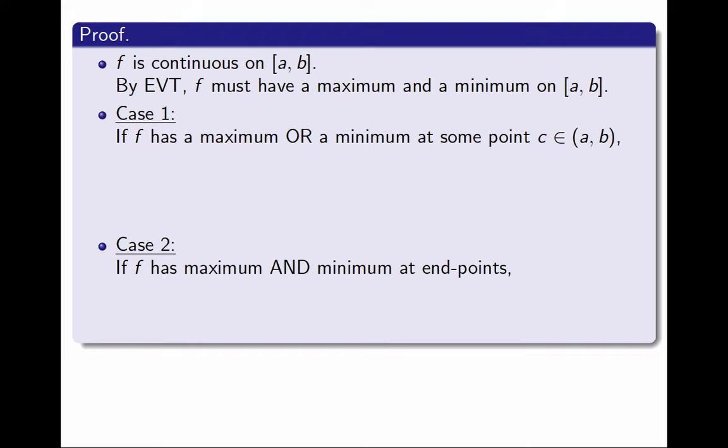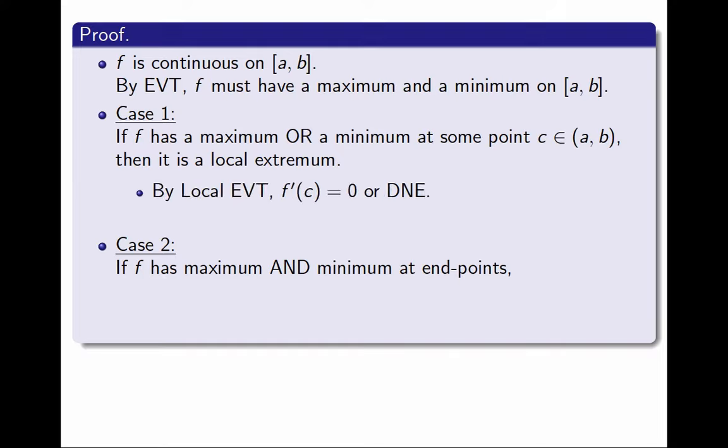In the first case, if an extremum happens at an interior point, it is also a local extremum. By the local extreme value theorem, the derivative either is 0 or does not exist, but since the function is differentiable on the interior, the derivative is 0. And in this case we are done, we found what we wanted.